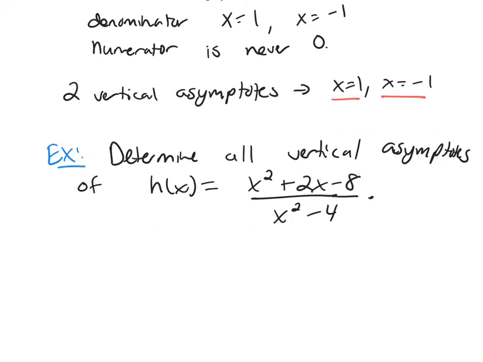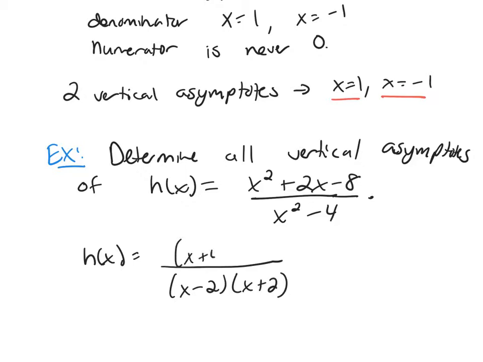So the first thing we're going to do is take our function and factor the numerator and denominator. So the denominator is the difference of squares again, so you can factor it as x minus 2 times x plus 2, and the numerator will factor into x plus 4 times x minus 2.